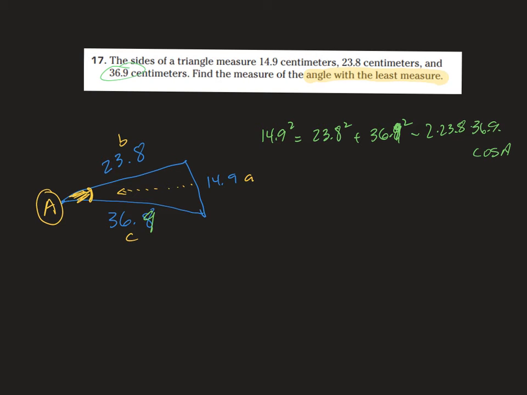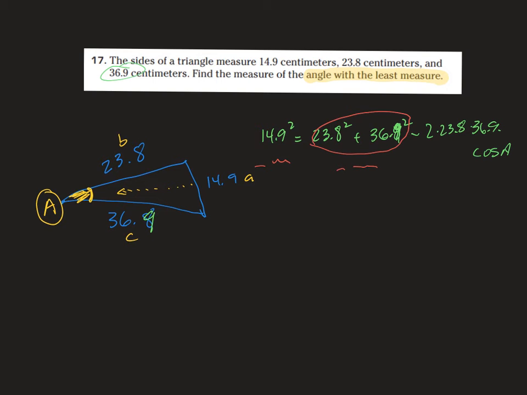And so what I'm going to do first is a little calculation on my calculator. I'm going to figure out what this total is and then subtract it from both sides. That'll give me a better equation and save me some space here. So here's that calculation.